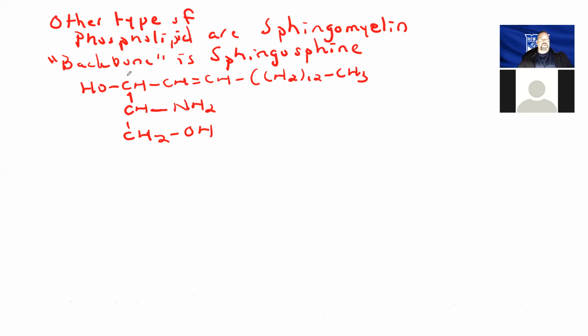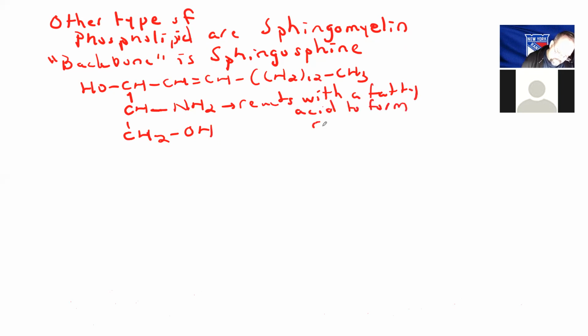Now, essentially the top portion actually doesn't react when you're forming a sphingomyelin. The middle portion here reacts with a fatty acid to form an amide group.